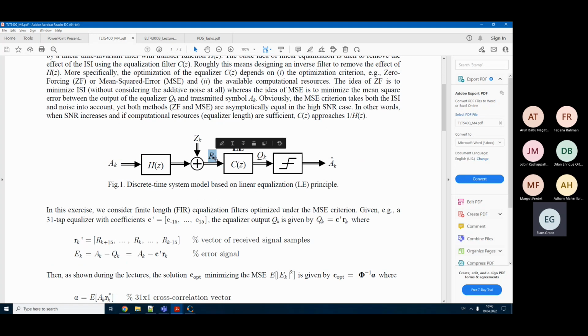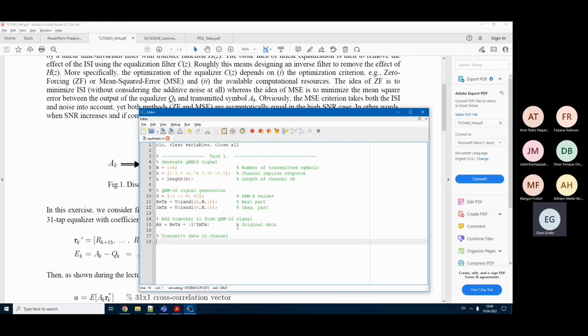That is our received signal, so RK is going to be the result of filter. The impulse response of the channel is H, and the denominator of this impulse response is 1, because it's a finite impulse response filter and it has no denominator. Now we are going to transmit our signal AK.